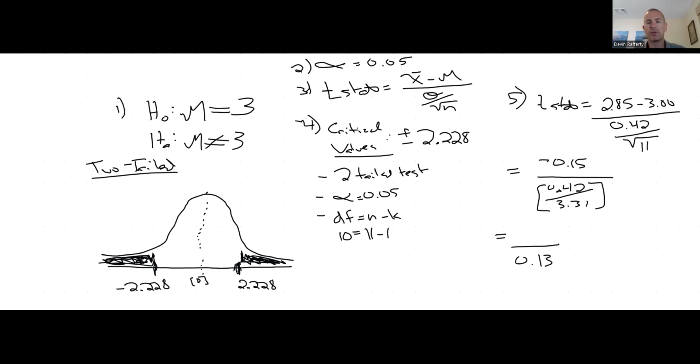I made 0.126 into 0.13. And then my numerator is negative 0.15. Then finally, negative 0.15 divided by 0.13 gives me a test statistic of 1.15. This is my test statistic.